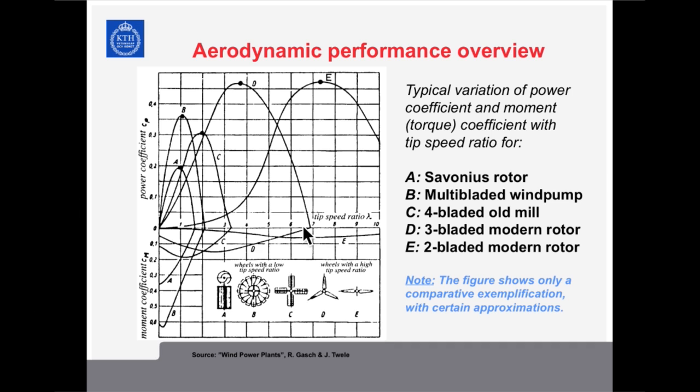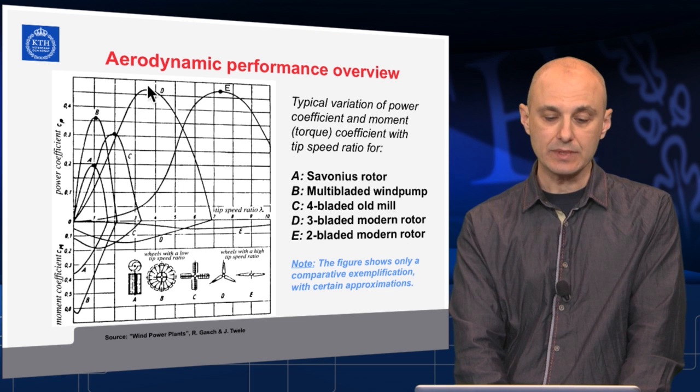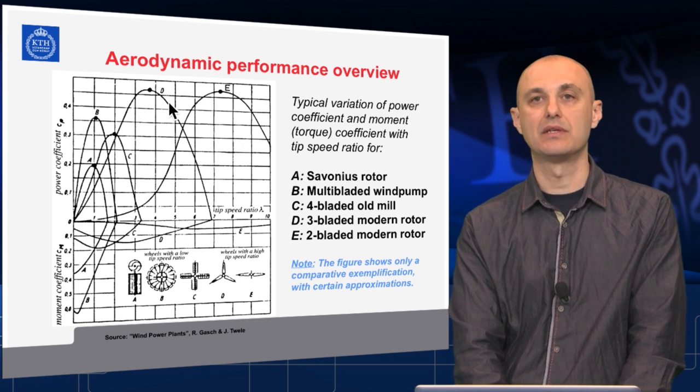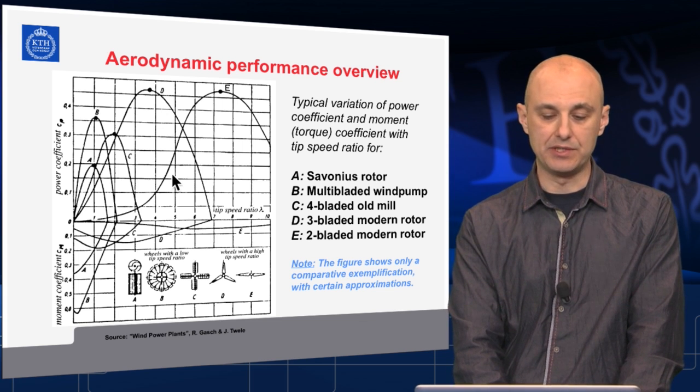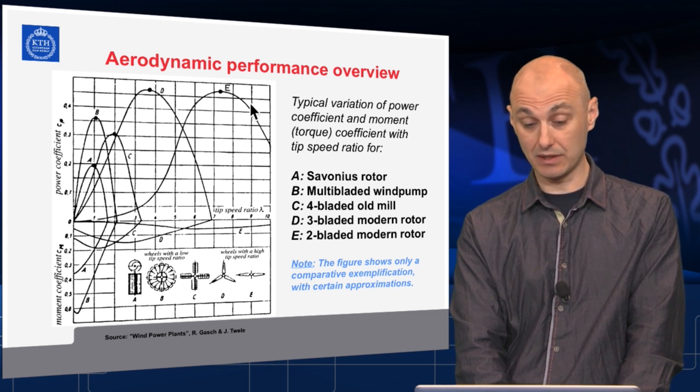That's a serious issue for wind turbines. You can see here, please explore this slide, the most important types of windmills ordered, the typical speed of their operation and how they look like, of course. The three-bladed rotor would usually operate around 5, maybe 6 tip speed ratio value, while the two-bladed one is intrinsically faster going.